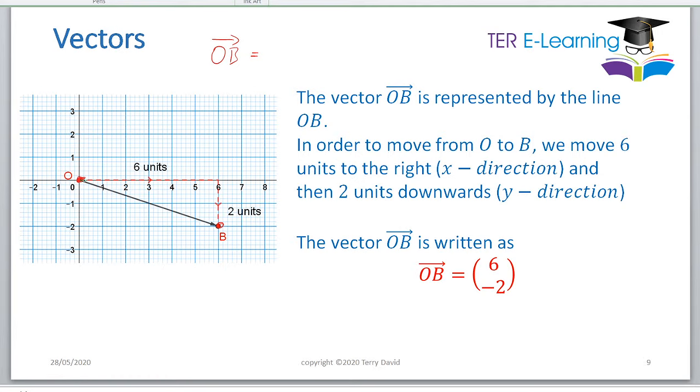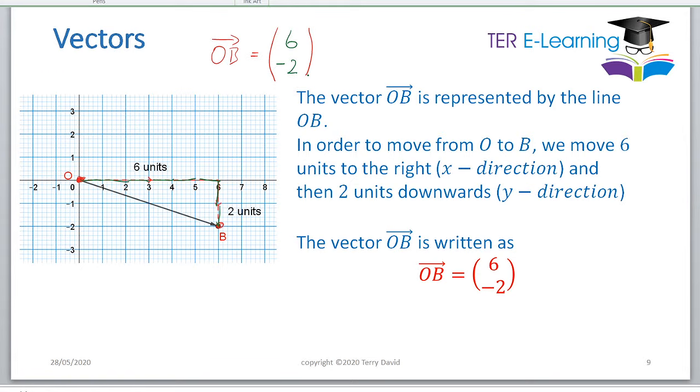So you're going to go 1, 2, 3, 4, 5, 6 units to the right. I'm moving 6 units to the right, so that number has to be positive 6. Now, in order to get to the point B, I'll use the green color here, I have to move 1, 2, so I'm moving 2 units downwards. If I'm moving 2 units downwards, it means that this number here has to be minus 2.